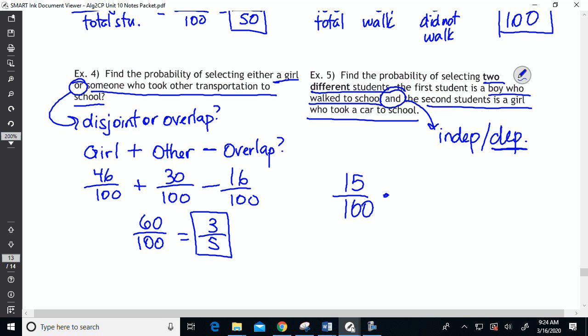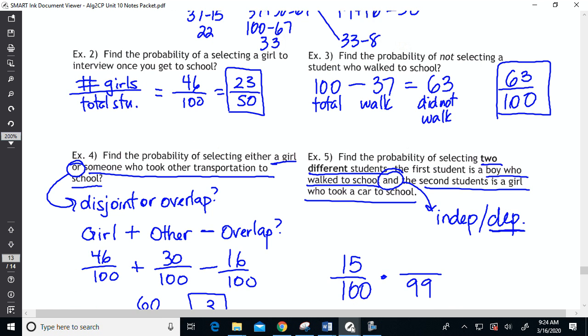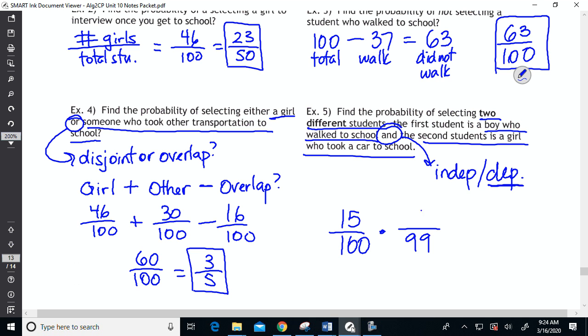Times, now you've chosen that boy, you're not going to pick that person again. So now you have 99 people. The second is a girl who took a car to school. So we go back to our table. A girl who took a car to school was 8. So that's 8 out of the 99 people that are left over.